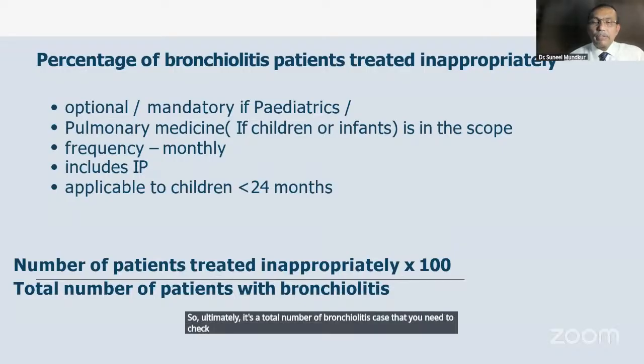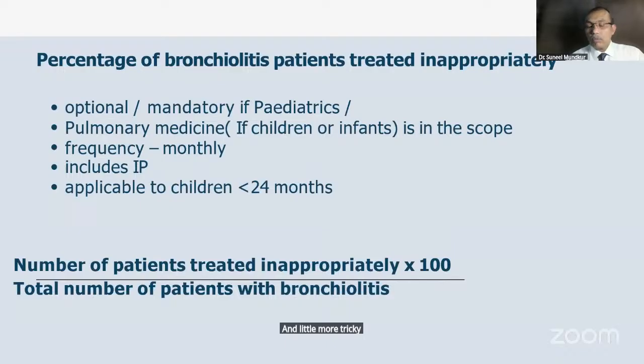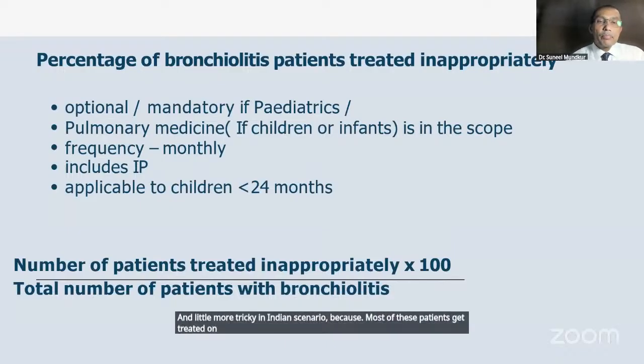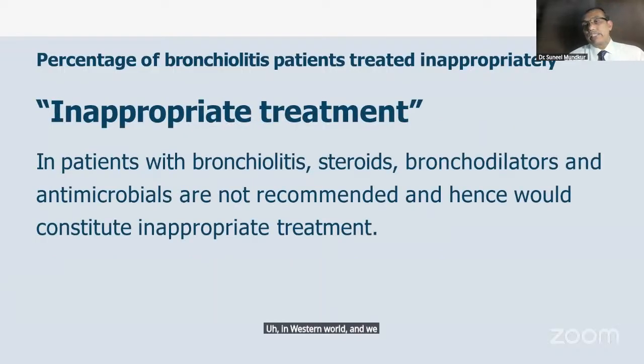This becomes very relevant and a little more tricky in the Indian scenario, because most of these patients get treated on an outpatient basis. In the Western world, mild bronchiolitis patients get treated on an outpatient basis, and we admit very severely distressed patients. NABH also describes what is inappropriate treatment. In inpatient bronchiolitis, steroids, bronchodilators, and antimicrobials are not recommended and hence would constitute inappropriate treatment.